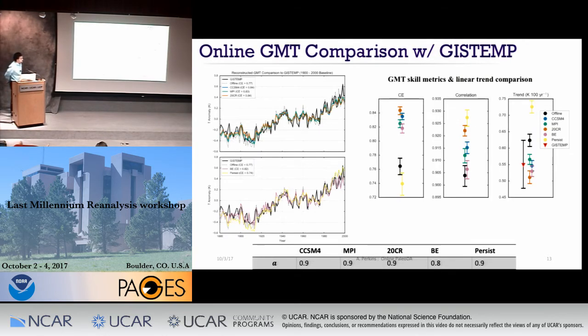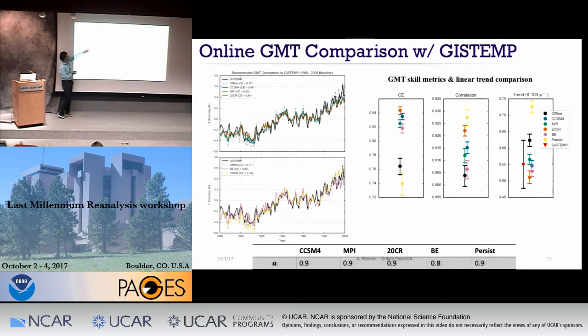So diving into some results, we start with global mean temperature. The global mean temperature comparisons are done against GISTEMP. Sorry that it's hard to see some of this on this projector. These are global mean temperature. The different colors here are the various LIM reconstructions.